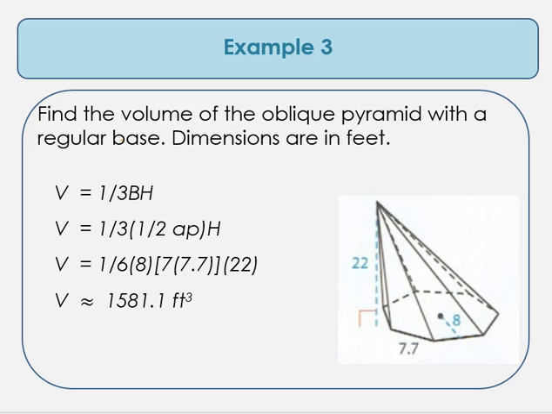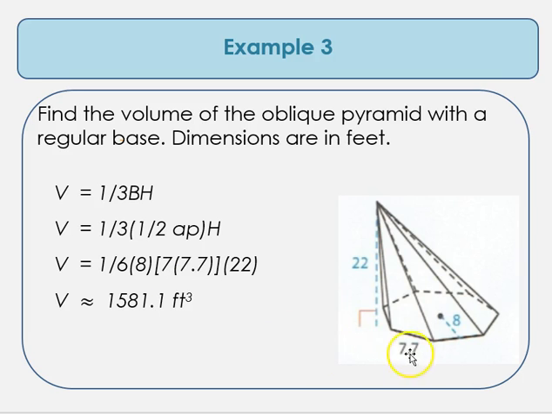So what we'll do for area of the base, we're going to substitute the 1/2 a p before we actually add our dimensions. So 1/3 base times height becomes 1/3 times 1/2 a p times height. 1/3 times 1/2 is 1/6. The apothem is 8. And there are 7 sides.